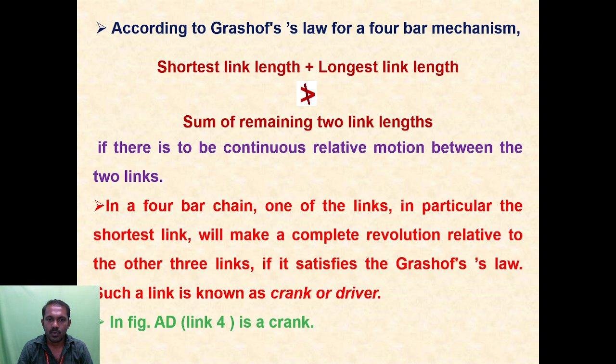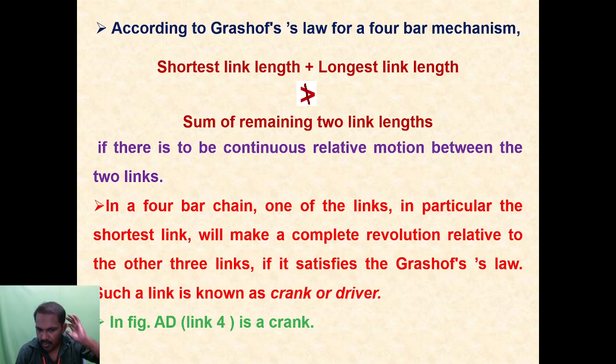This is required for continuous relative motion between the 2 links. In the 4-bar chain, one of the links, particularly the shortest link, may rotate completely relative to the other 3 links. If it satisfies Grashof's law, such a link acts as a crank.